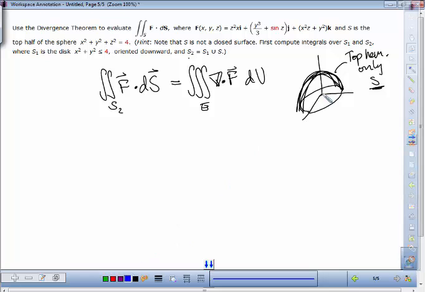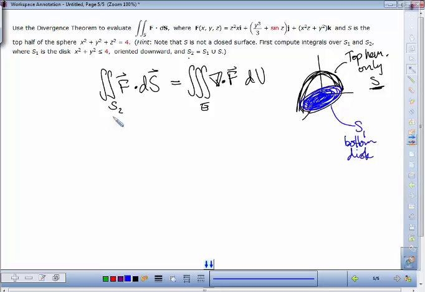What we're going to do is enclose the bottom here with a surface they're calling S1. So the bottom, I'll call it a disk, that encloses this surface so that we have a closed surface now.